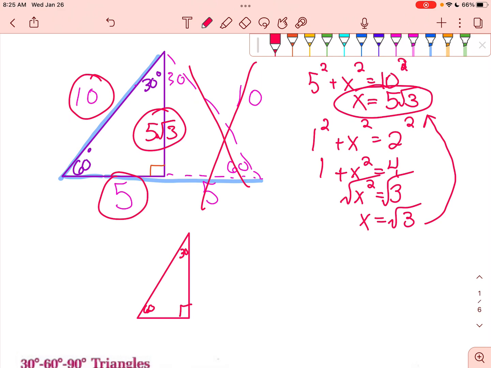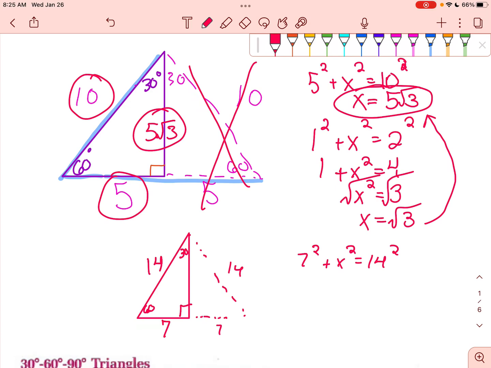So if I did this again and told you, for example, that this is 7, then this one over here is 7, and that makes each of the sides of my equilateral triangle 14. So this would be 14, and this would be 7. Then I would go through and do the same thing. So 7 squared plus x squared is equal to 14 squared.